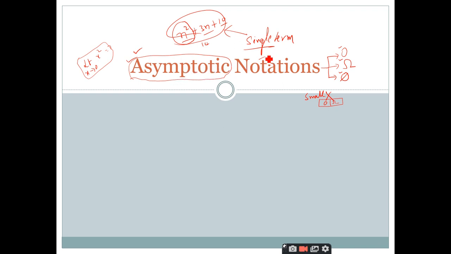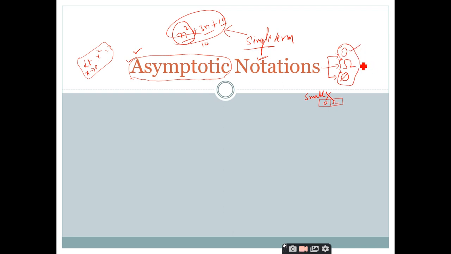There are three types of notations based upon the three cases we have in algorithms. What are those three cases? Best case, worst case, average case. Yes, worst, best and average cases, right? For these three cases we have a corresponding notation. When I want to represent the worst case time complexity, I represent it with big O notation.